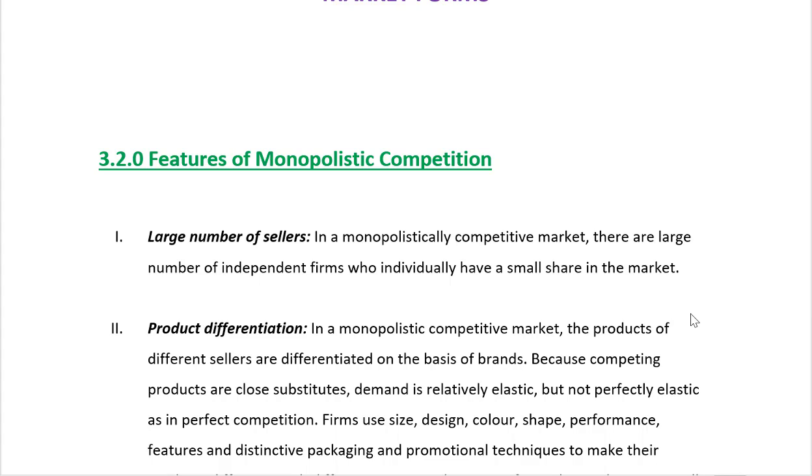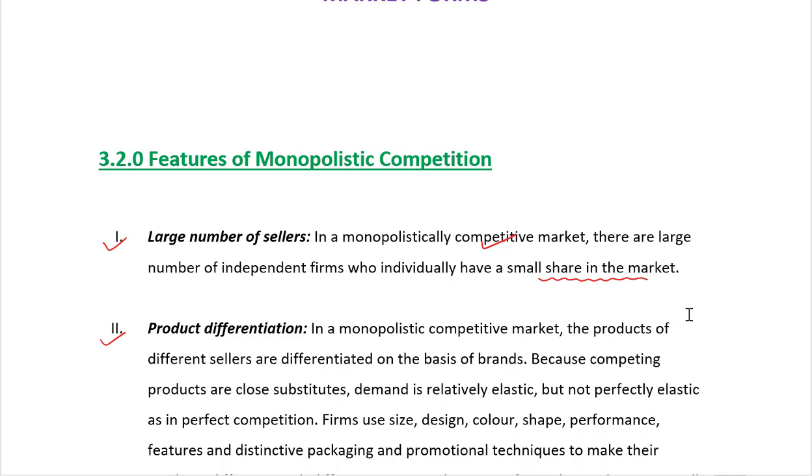The first feature is the availability of a large number of sellers, who individually have a small share in the market. In a monopolistically competitive market, there are a large number of independent firms who individually have a small share in the market. That was point number 1.